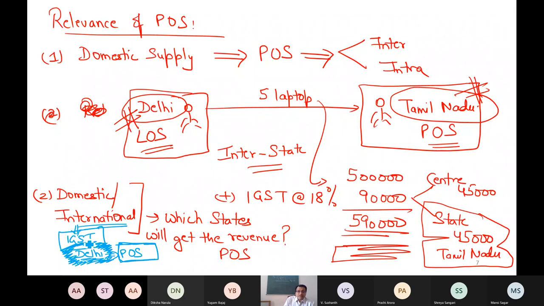Then the Delhi government in this international supply will also get a 50% share: 50 center, 50 Delhi. So place of supply in this way tells me two things. In domestic supply, it tells me inter or intra. Second, when you know that the supply is inter or intra, whether domestic or international, it also tells you which state will get the revenue share.